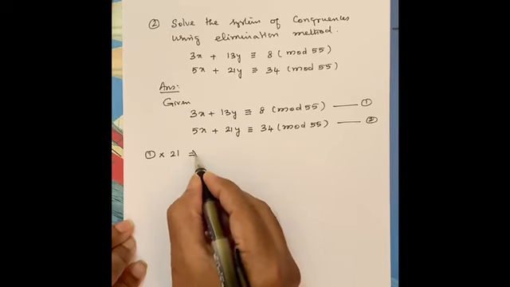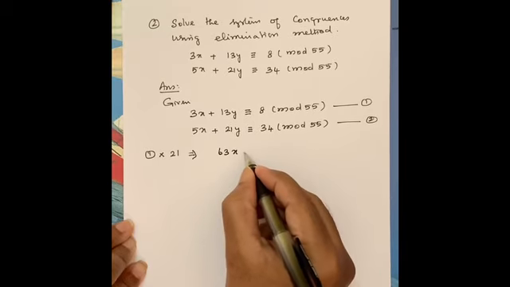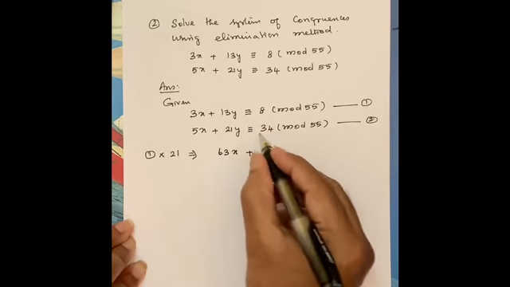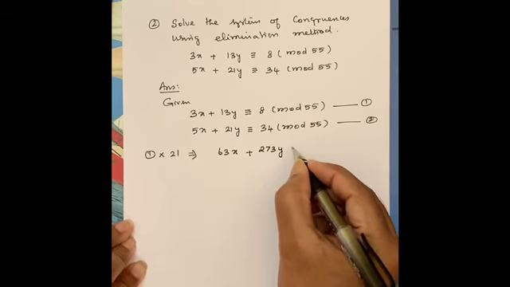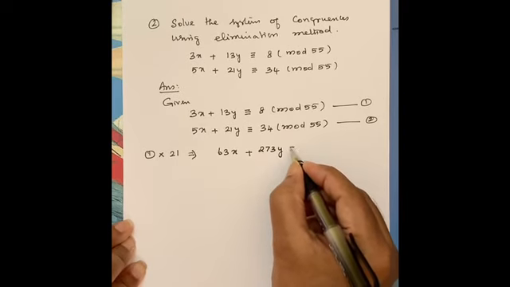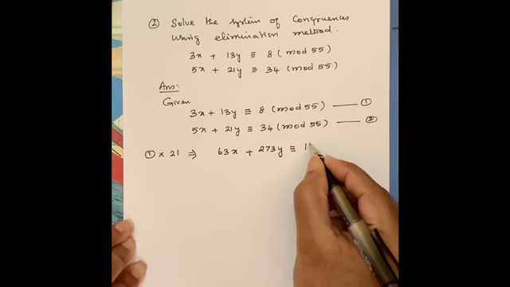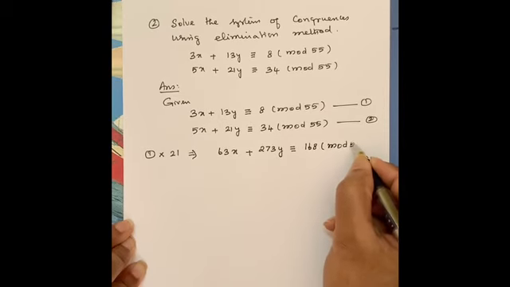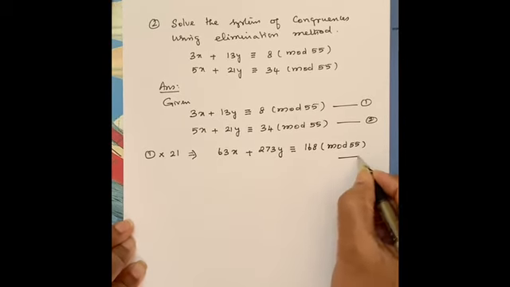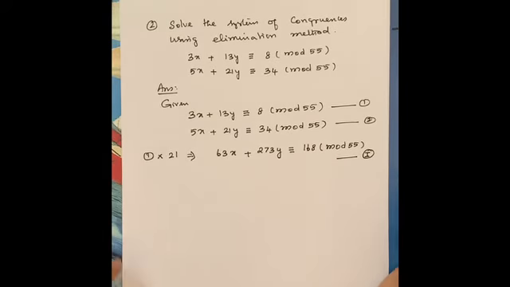This gives 3 times 21, it is 63, so 63x. 13 times 21, 273y, which is congruent to 8 times 21, 168 modulo 55. I am calling this equation 1.